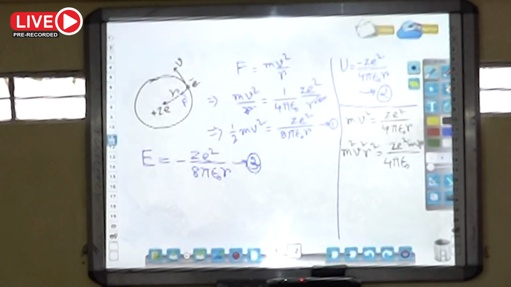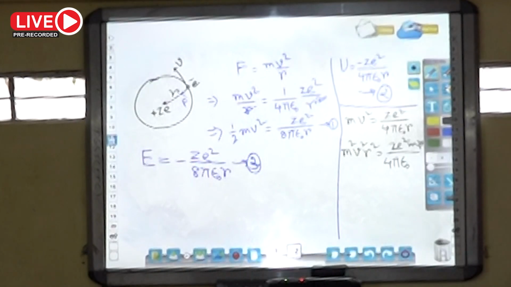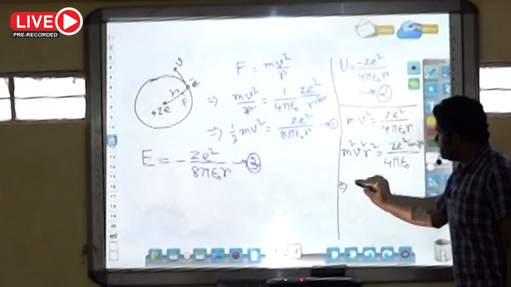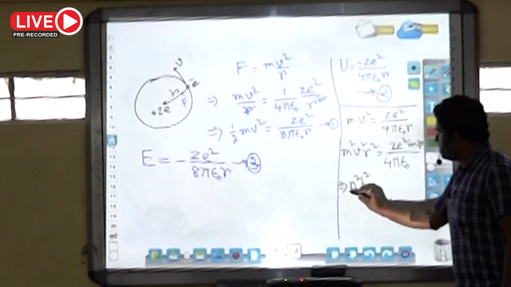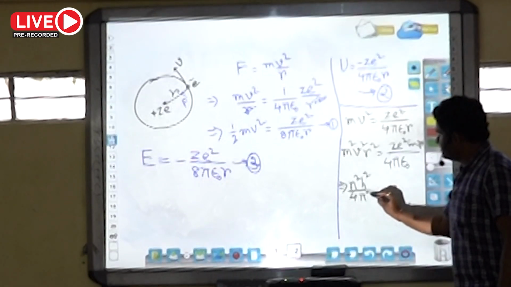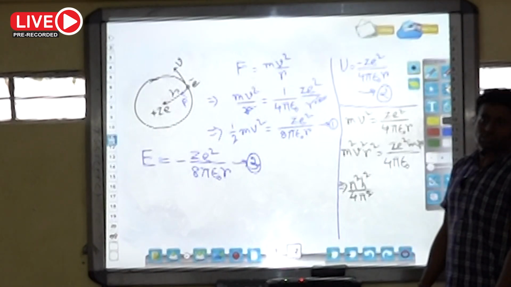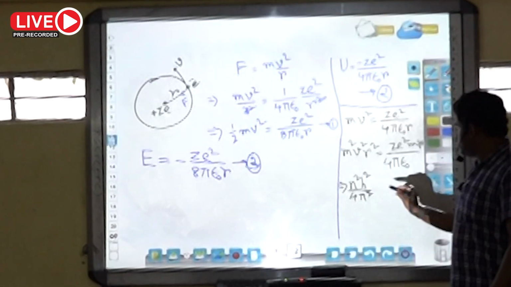Now we know that mvr equal to nh by 2 pi. So I can write here directly, it will be n square h square by 4 pi square, since nh by 2 pi is squared.